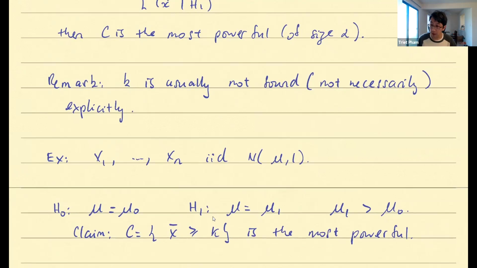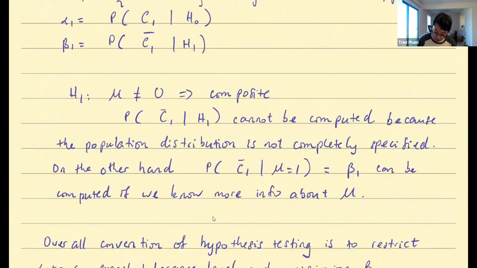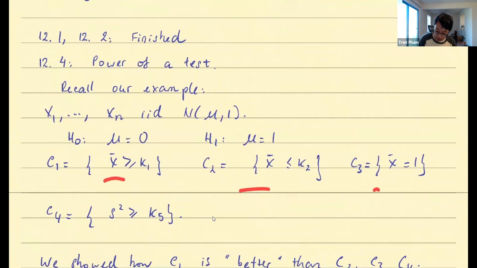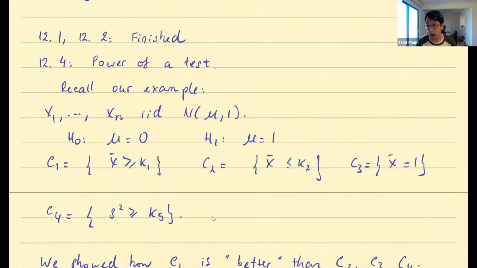So in other words, this goes back to the question I was discussing before, that among these guys, I can clearly see that C1 is better than C2, C3, C4. But by C1 itself, how do I know it's the best? Because there could be C6 up to C10 that I haven't considered.